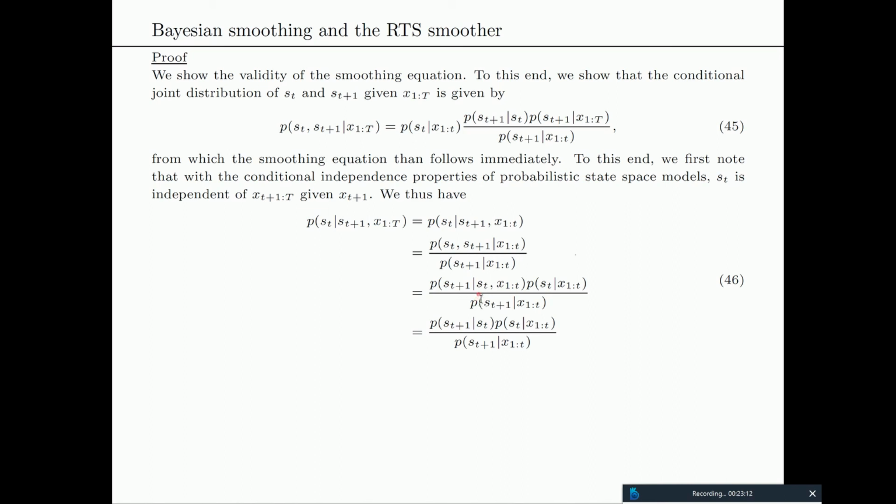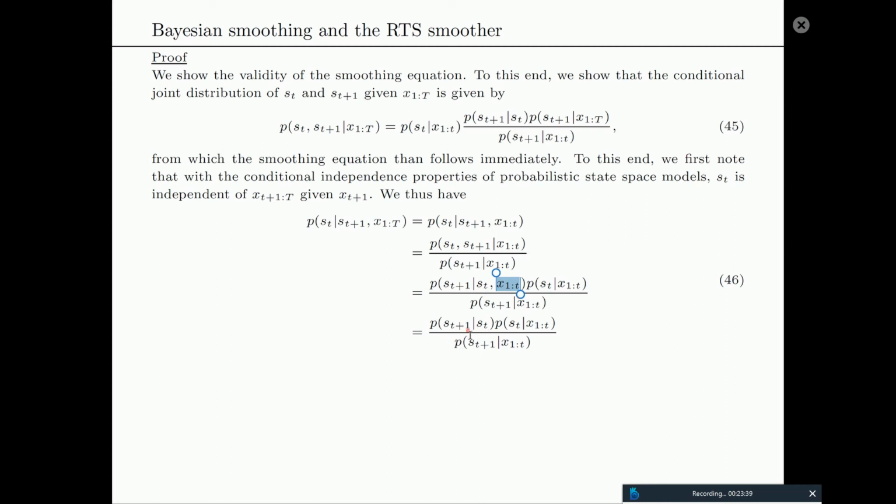And then I'm conditioning the upper term on s_t. So p of s_{t+1} given s_t and x_1 to t, and p of s_t given x_1 to t. Then again s_{t+1} given s_t is independent of x_1 to t.